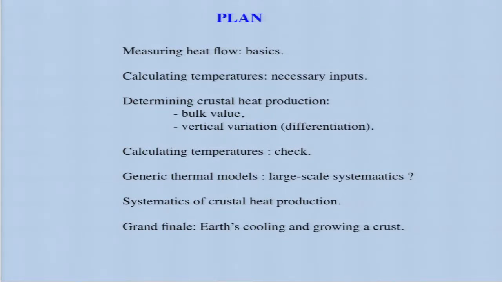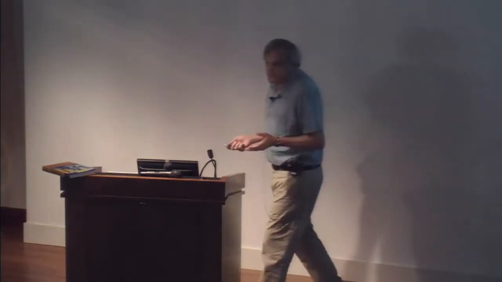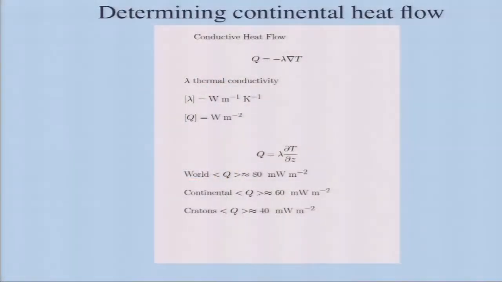And some systematics of crustal heat production tell us, I think, quite a lot about what goes on in the crust. And finally, to remind us that the way the crust behaves has an important influence on, and is influenced by, mantle convection. So all this is, in fact, part and parcel of the same problem. So how do you determine continental heat flow?